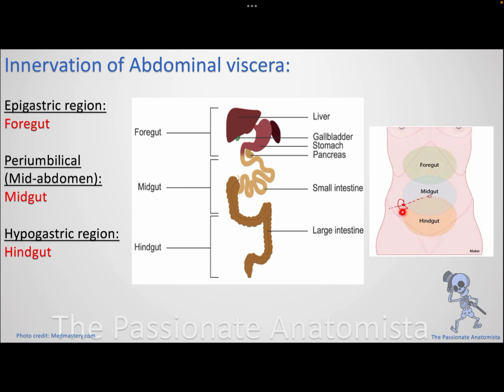However, if I have a problem in the initial stages, it's going to follow the sympathetic innervation, and this is where I would expect to see pain if there is a visceral pain, which is not localized, dull pain.